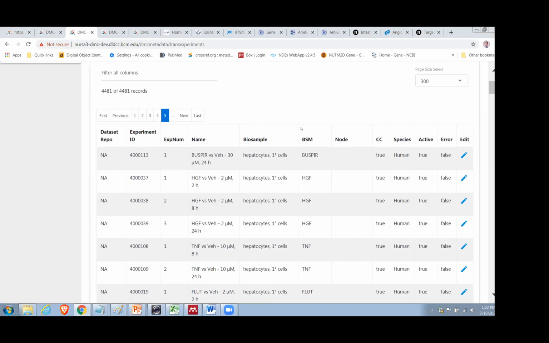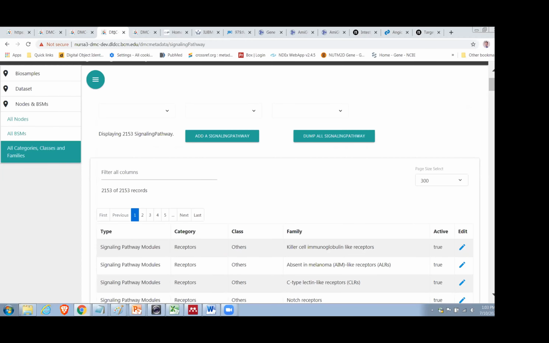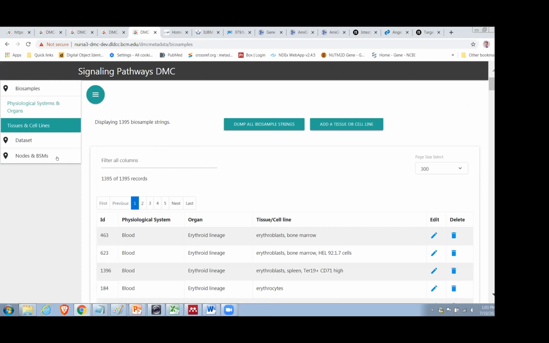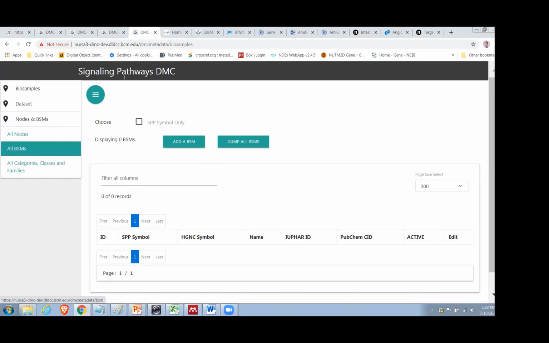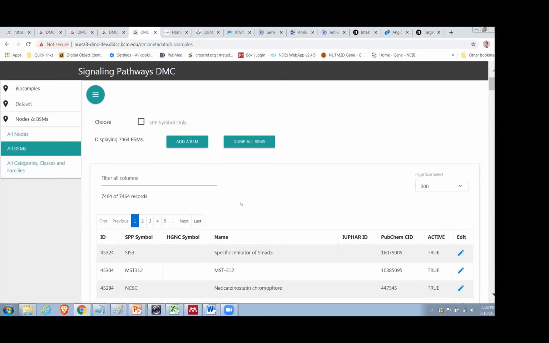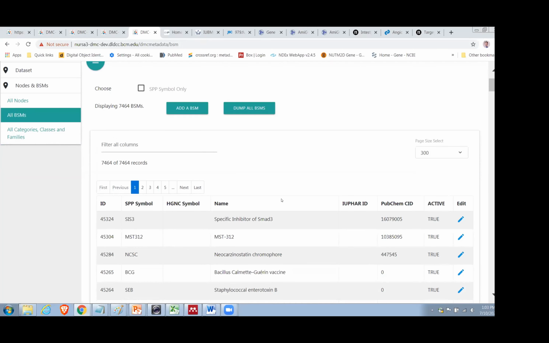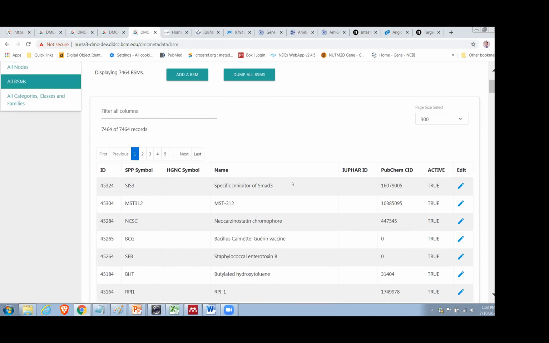I'll focus your attention here on a couple of columns, and the first one here is BSM. Basically what that stands for, if I can go to the BSM page, is bioactive small molecule.